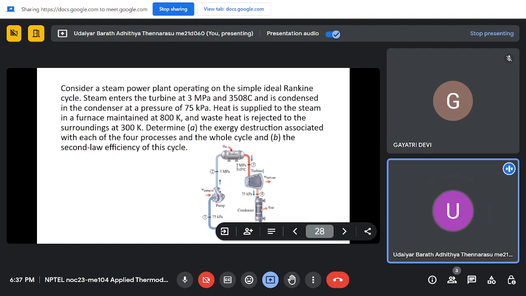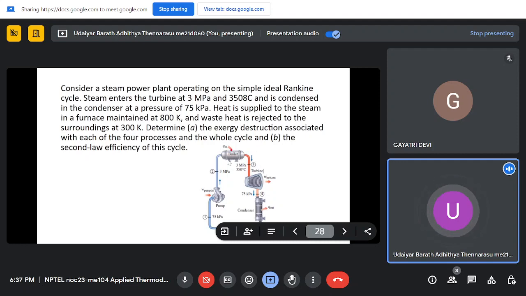It is condensed in the condenser at a pressure of 75 kilopascal. So from 3 megapascal it's reducing to 75 kilopascal, and heat is supplied to the steam in a furnace maintained at 800 Kelvin.